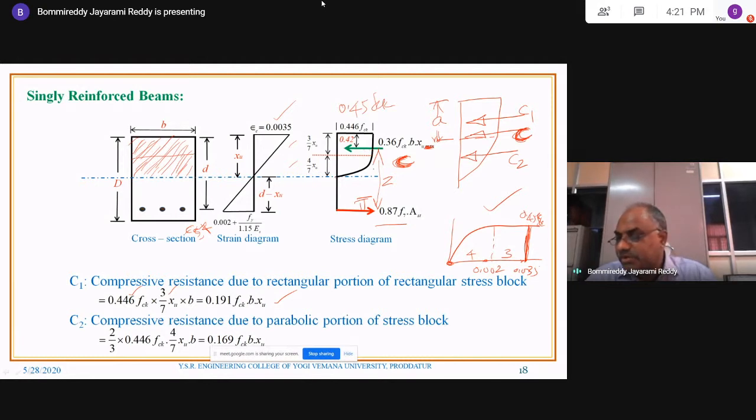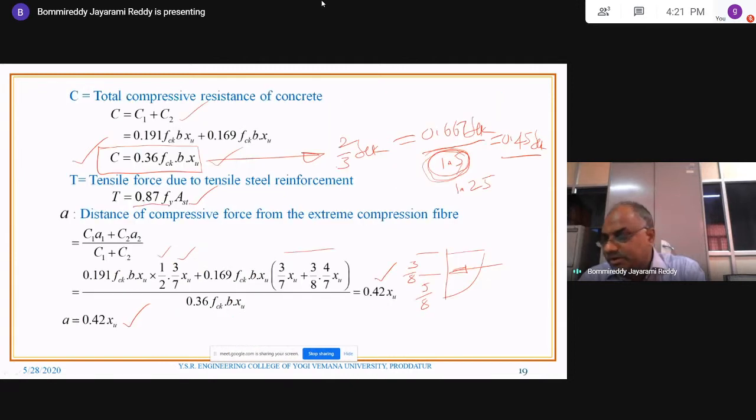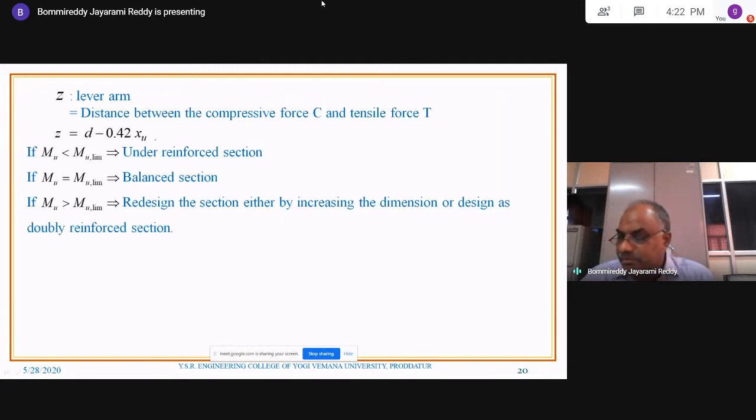So distance between C and D. So what is the Z value? From steel up to top it is D minus what is this distance? 0.42 XU. So Z is nothing but now D minus 0.42 XU. D minus 0.42 XU. So these are the major parameters.